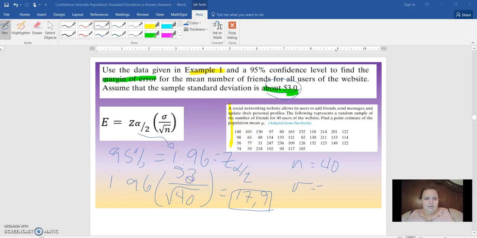All right, 53. So let's try this again. 53 divided by square root 40 times 1.96, and it's 16.4. So at 95%, it'll be give or take 16.4 friends.